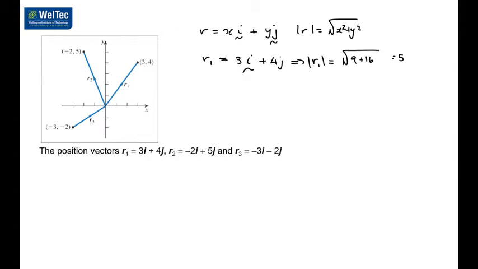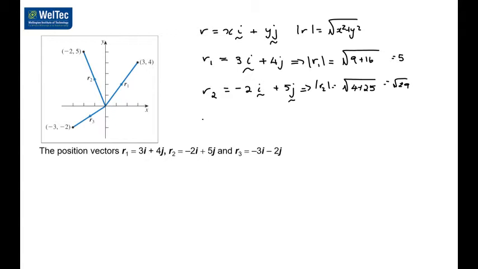Let's have a look at r2. r2 is going to be negative 2i plus 5j, and the magnitude of that is going to be the square root of 4 plus 25, which is root 29. We'll just leave it like that because that's the most accurate form of it.